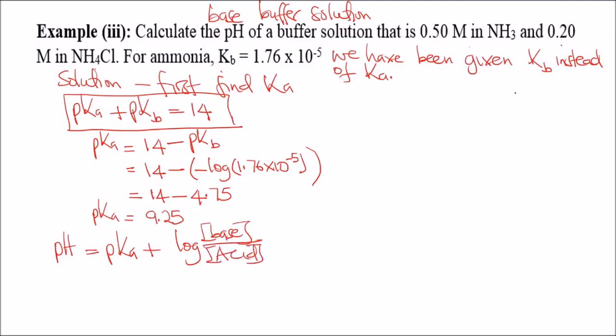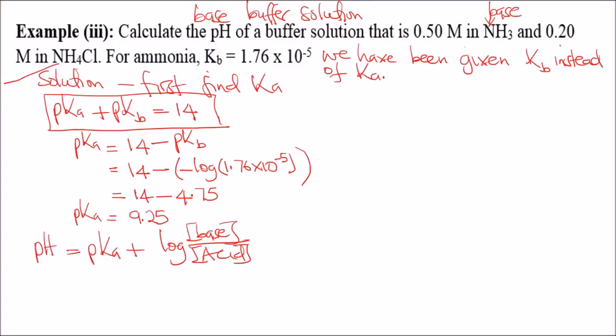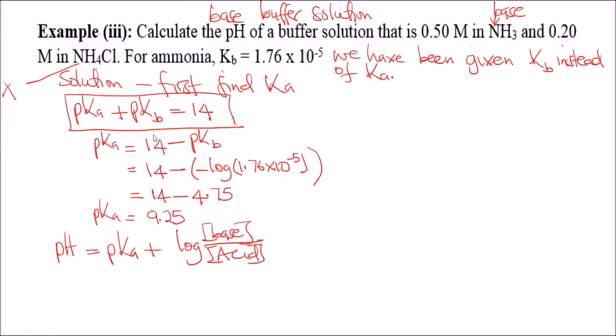So in this equation, this one is our base. Ammonia, we know, is a base. This one is our conjugate acid.